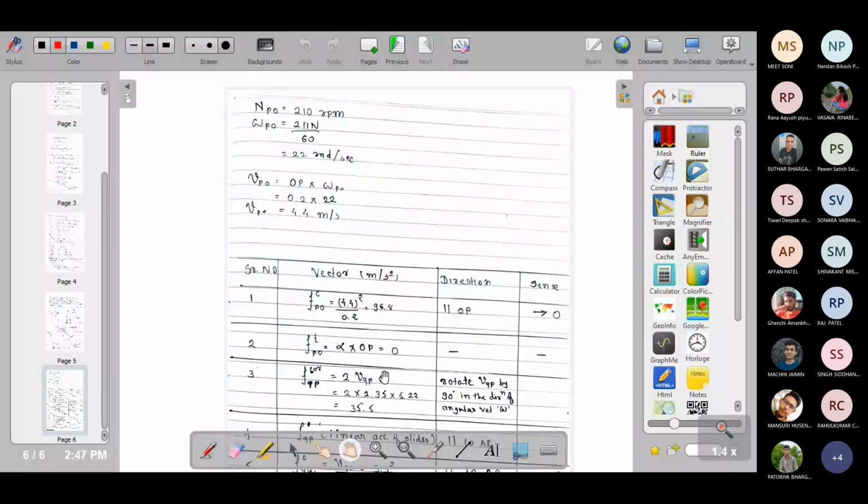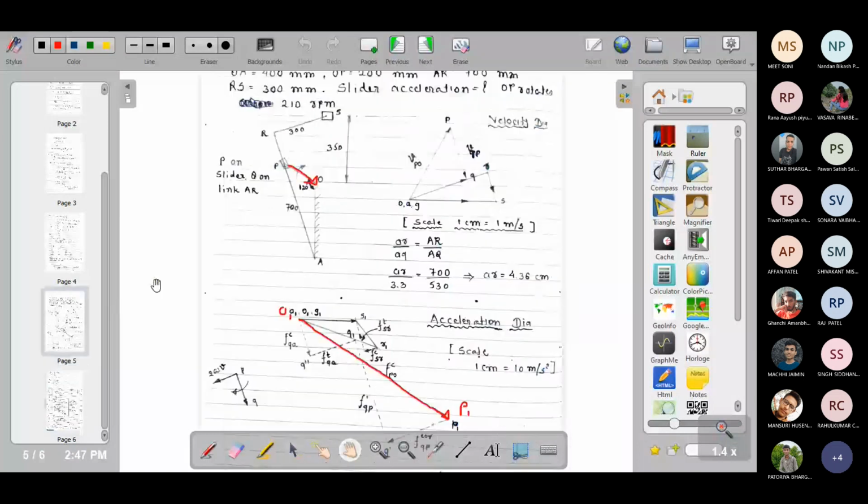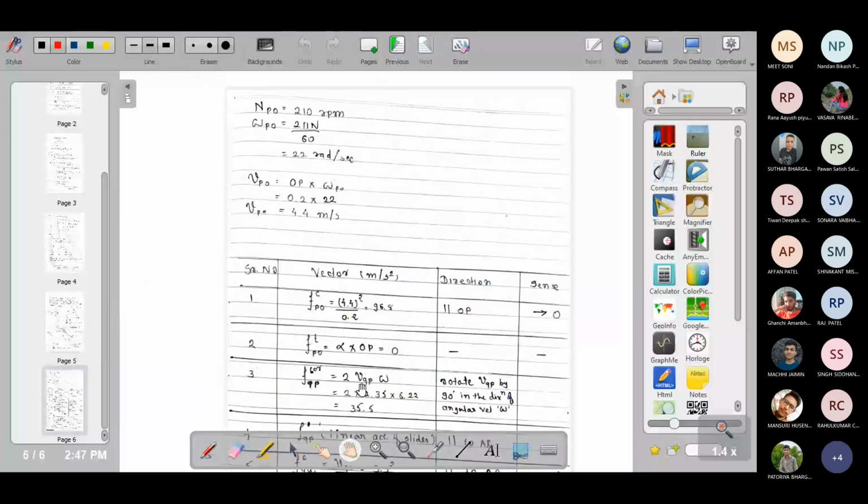Omega, it is the angular velocity of this link, OP. Is this clear? 2 times V omega, where V it is the slider velocity and omega it is the angular velocity of the crank. Is this clear? Yes or no? Am I audible?